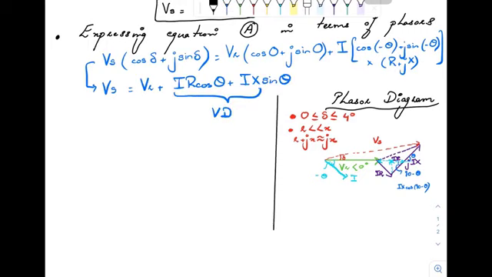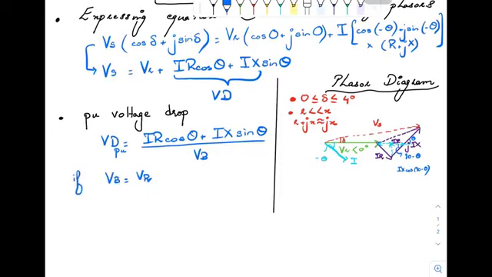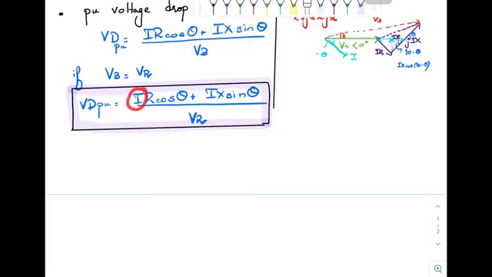Now the per unit voltage drop can be written as follows. This is the actual voltage drop, and if we divide this voltage drop by the base voltage, then that will give us the voltage drop in per unit. So if the receiving end voltage is considered as the base quantity, then the voltage drop in per unit can be written as, now we can replace this current in terms of apparent power and voltage.